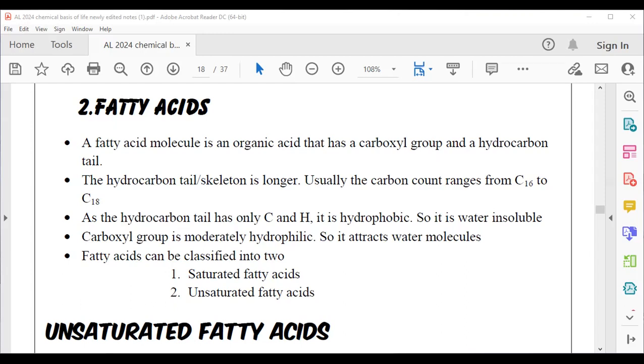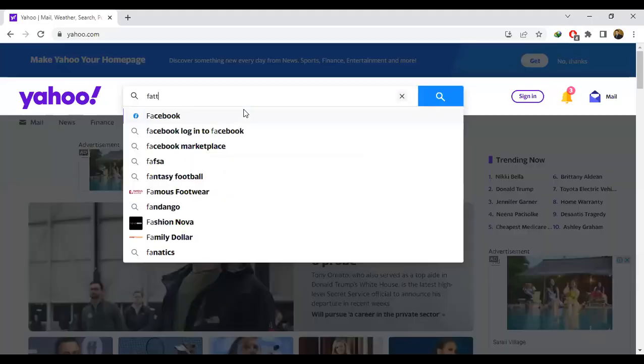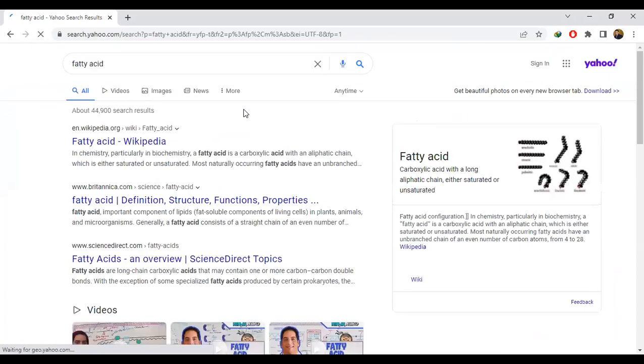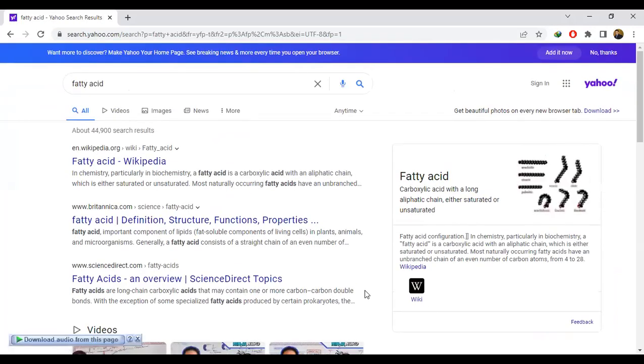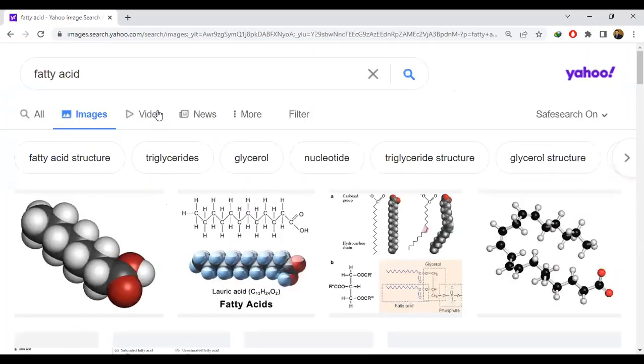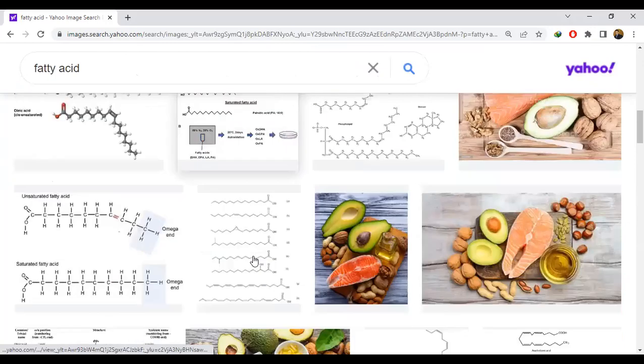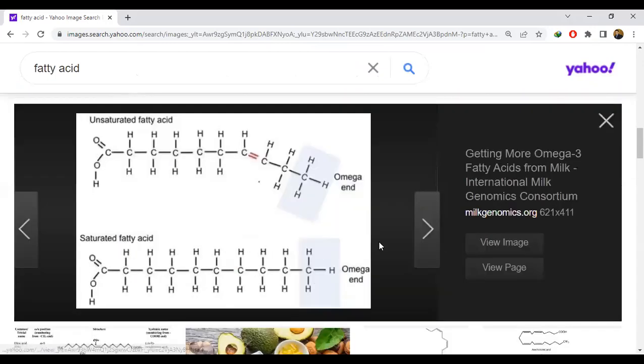Now, my children, we are coming to the fatty acid. If you take a fatty acid, the molecule will look like this.